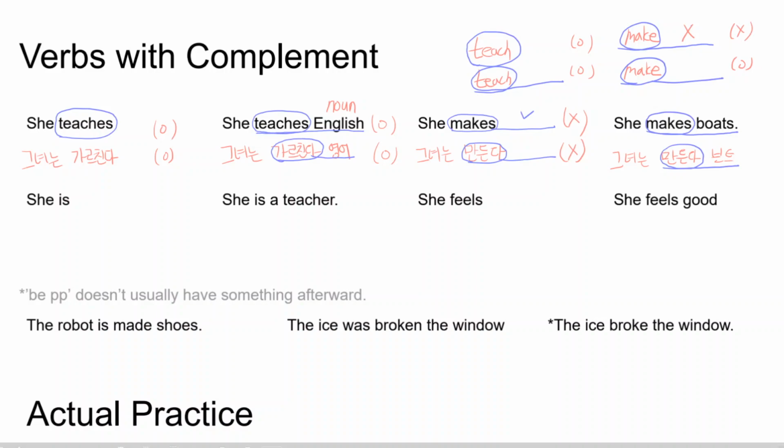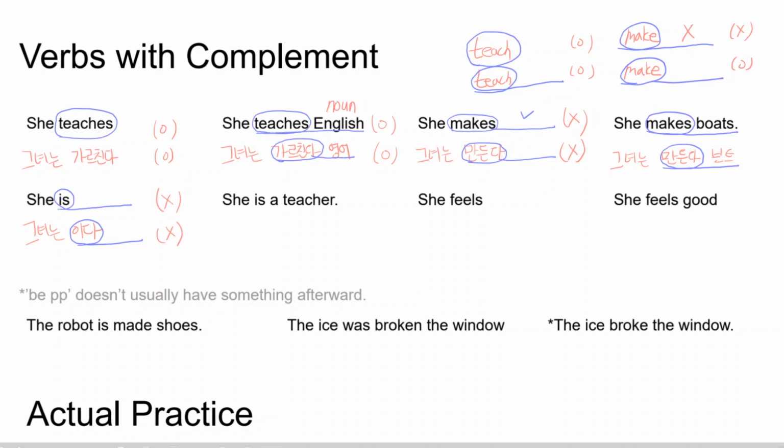It's a little bit difficult, right? So at this time we have she is. So is always wants to have a complement because she is by itself doesn't make sense. 그녀는 이다 something, right? We need something here, right? So is needs a complement. So this is a wrong sentence.